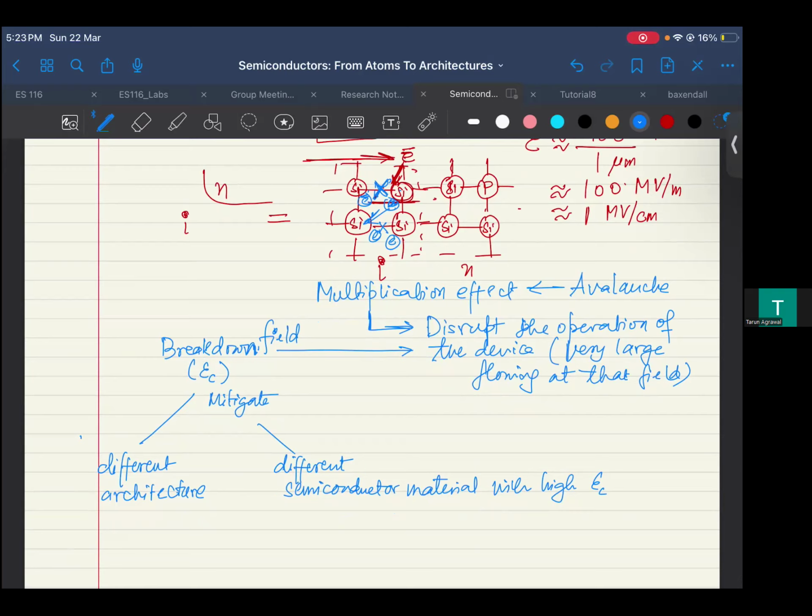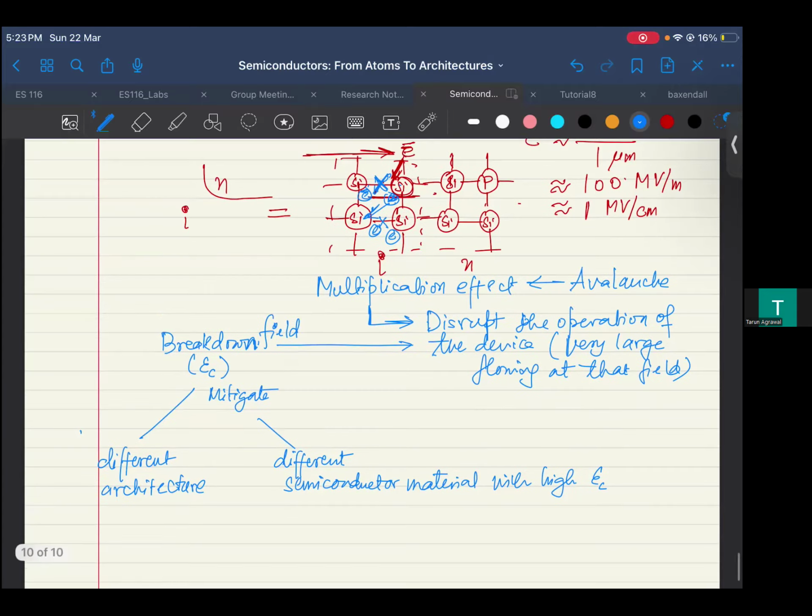This means the bond strength should be higher in this material. That is what will stop this, because the electron is always hitting, right? That is how scattering in the semiconductor works. But the point is that the electron has gained so much energy from the electric field, and if the bond strength between these atoms is very weak, let's say in silicon or another material, then in those materials this bond strength should be stronger so that the EC is higher, right?